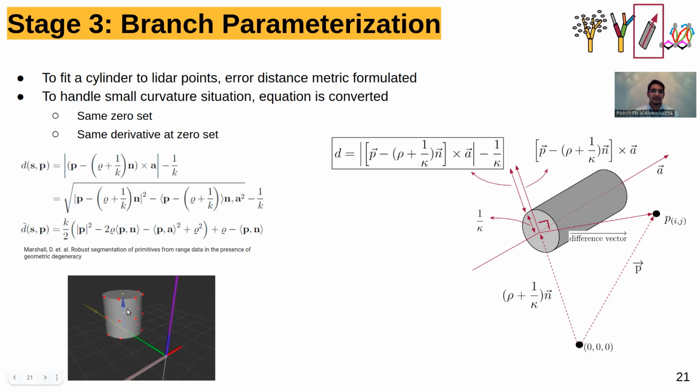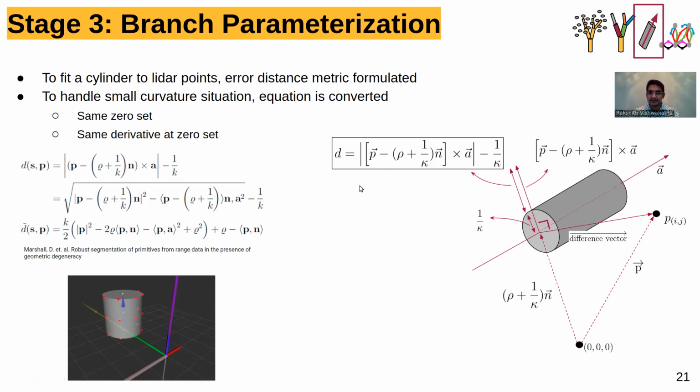Essentially, because these points come from the surface of the branch, if we can estimate a cylinder such that the points sit on the surface of the cylinder, we end up estimating the shape and size of the branch itself.